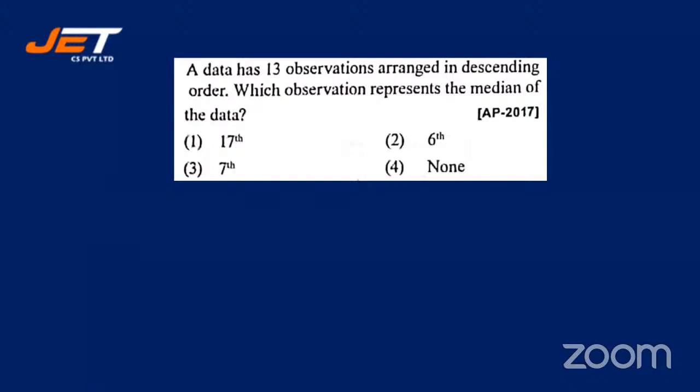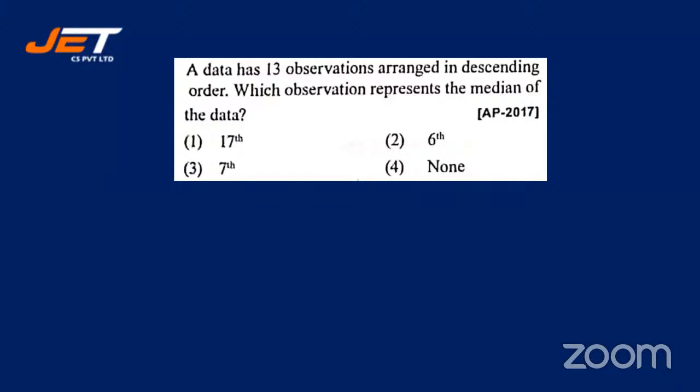A data has 13 observations arranged in descending order. Which observation represents the median of the data? All right. So here they are saying that there are 13 and it is arranged in descending order.